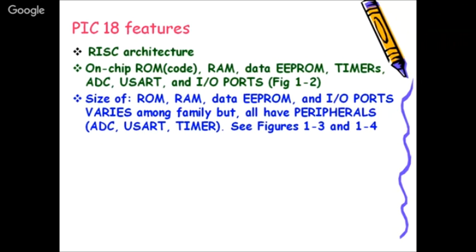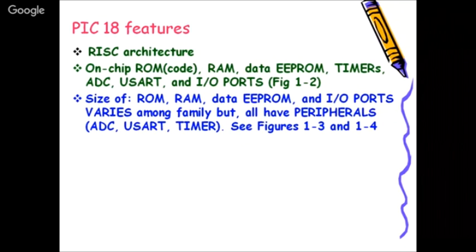Then data EEPROM भी है. 16 banks है RAM में, 2 to the power 4, yeah, 16 banks. 2 or 3 or 4, I mean depending upon the family that you are using, because in every PIC family you will not have 4 kilobytes.